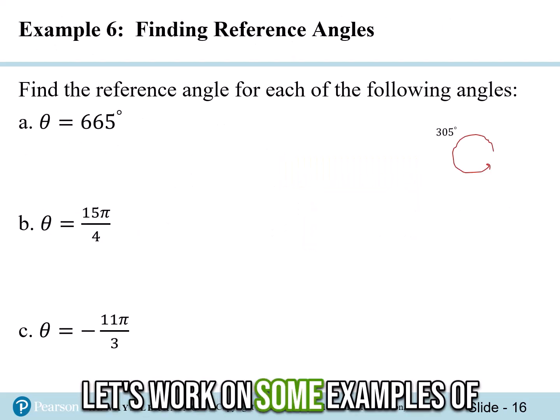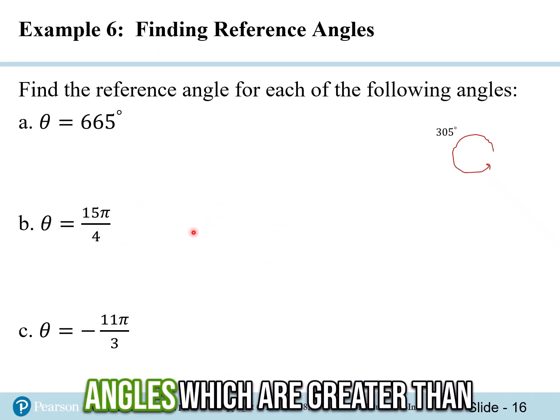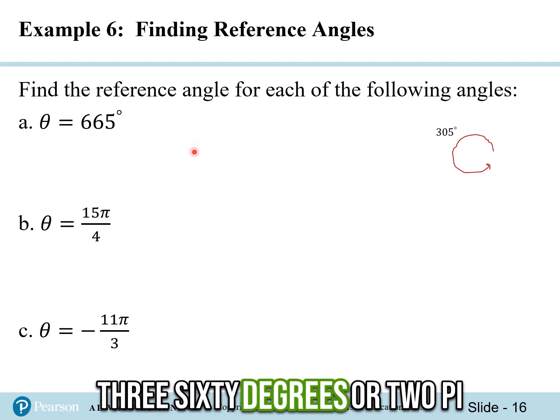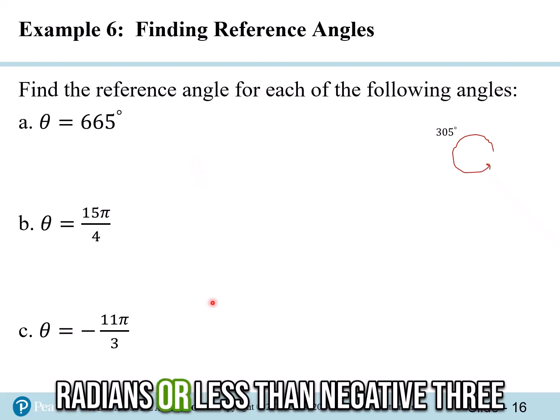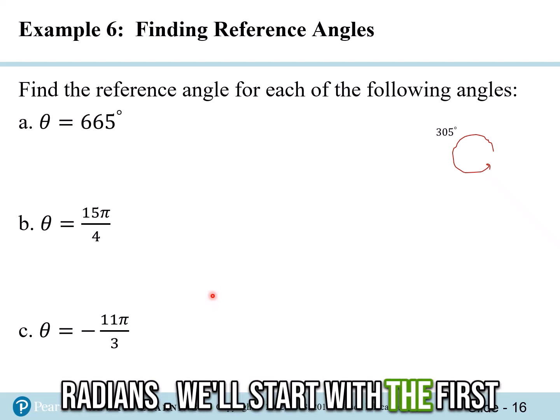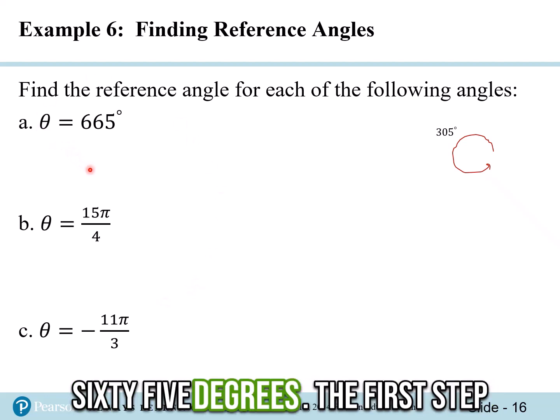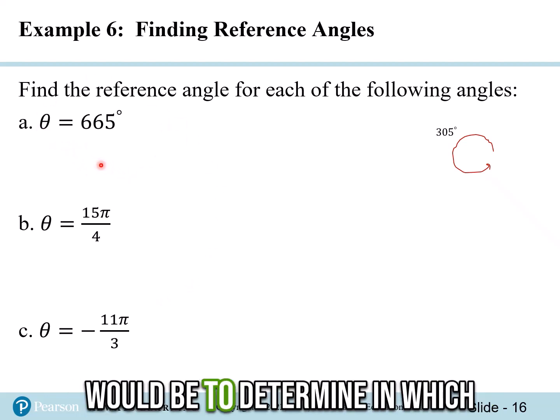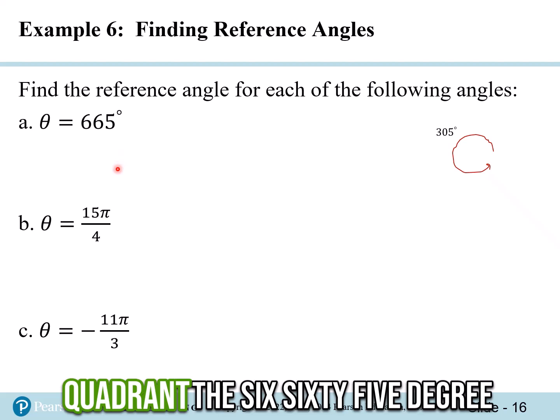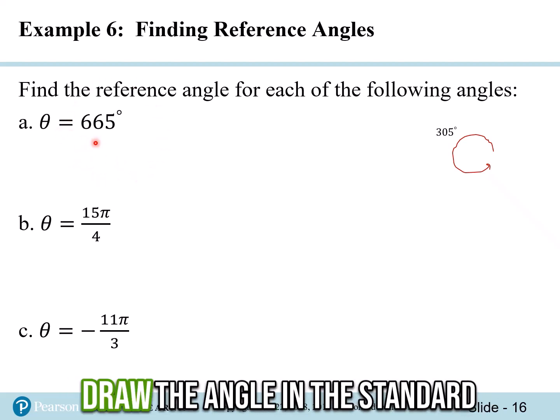Let's work on some examples of finding the reference angle of angles which are greater than 360 degrees or 2 pi radians, or less than negative 360 degrees or negative 2 pi radians. We'll start with the first angle given here, 665 degrees. The first step would be to determine in which quadrant the 665 degree angle would lie. So I'm going to draw the angle in the standard position.